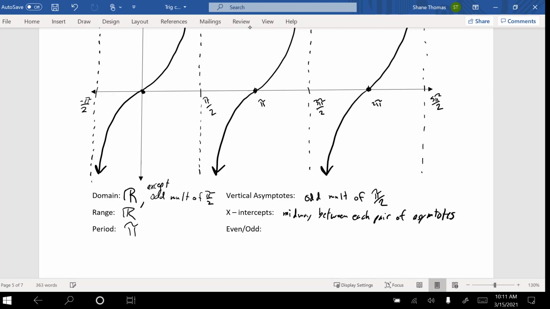So for every asymptote, between that asymptote and the one before and after it, there's going to be an x-intercept midway between those two. And lastly, even or odd? Like I said, it's very similar to a cubic function, symmetric about the origin, so therefore this would be odd, and it has origin symmetry.